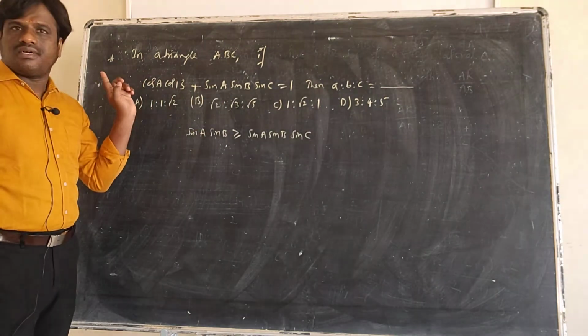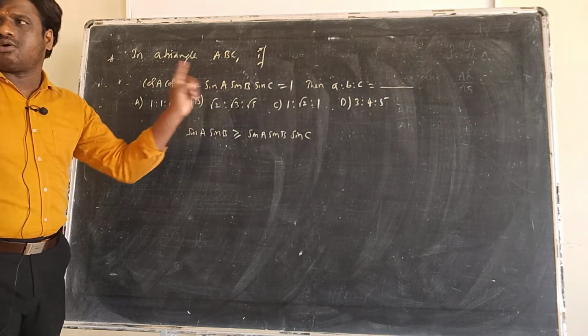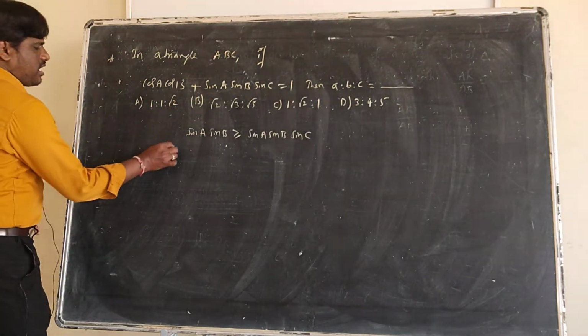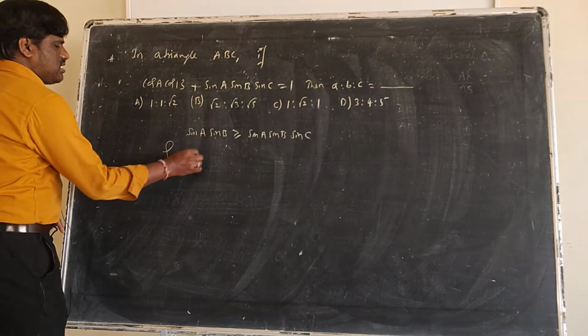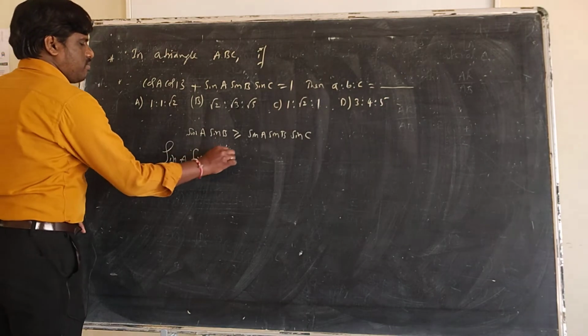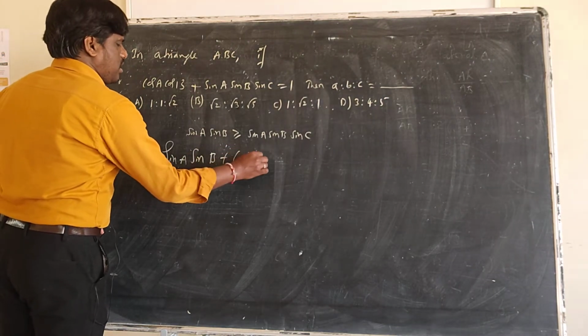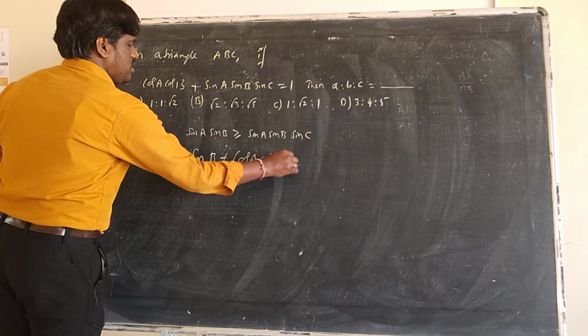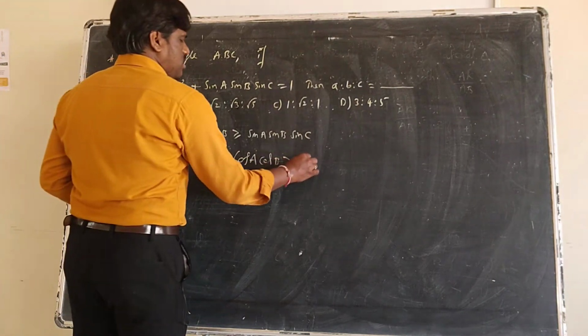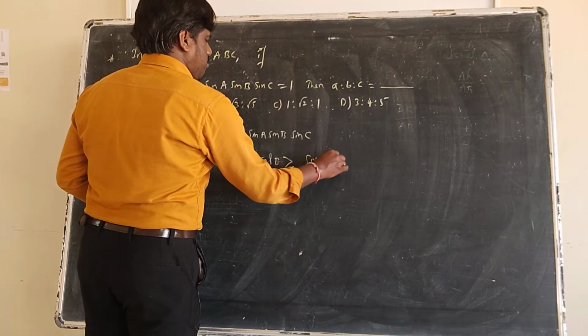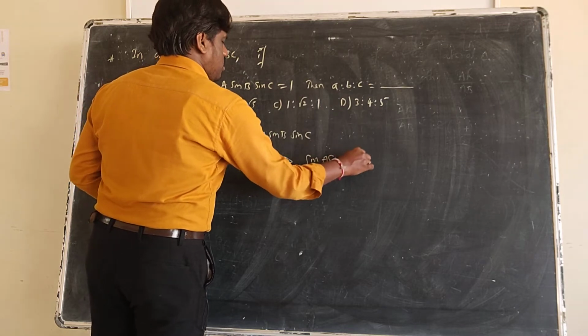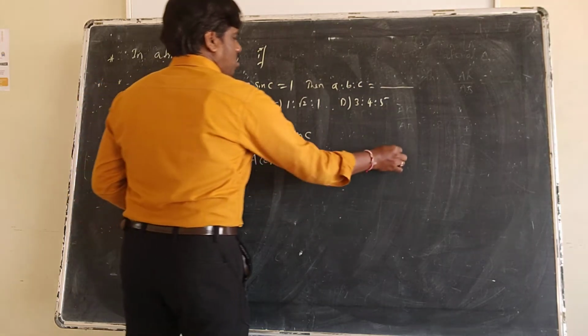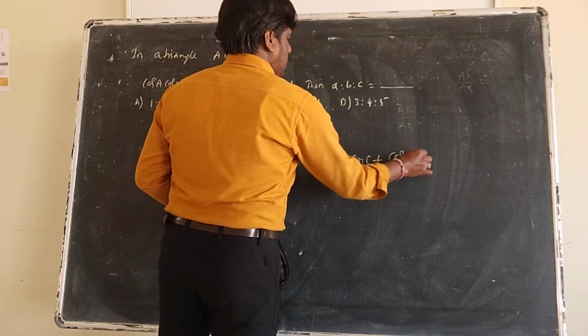Cos A cos B required. So add cos A cos B on both sides. So what I get here? Sin A sin B plus cos A cos B is greater than or equal to sin A sin B sin C plus cos A cos B I can write.